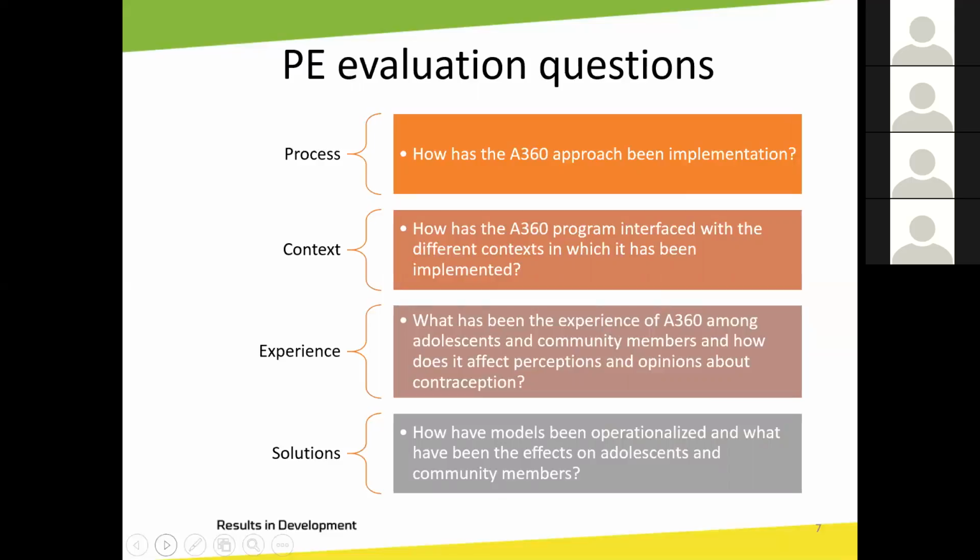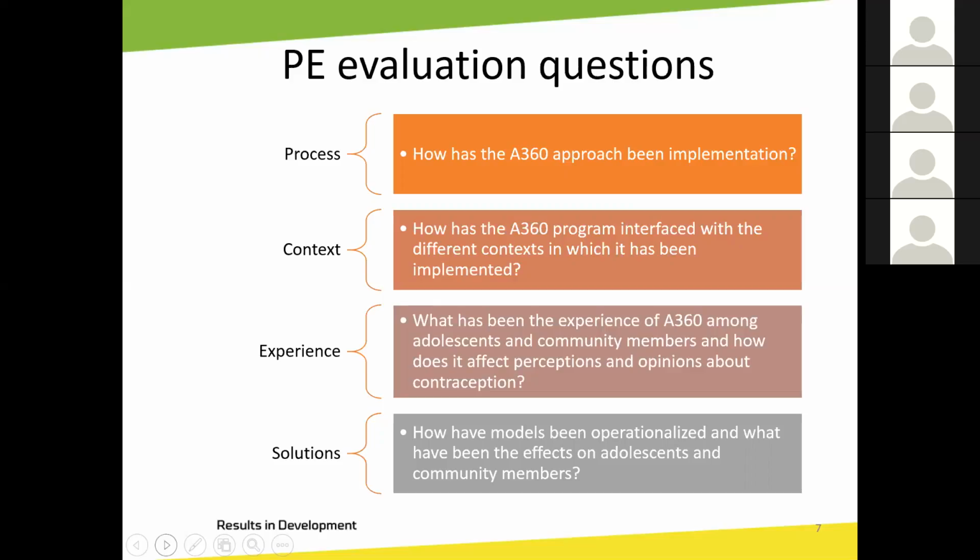Process is looking at how has the A360 approach been operationalized in practice. How has the A360 program interfaced with the different contexts in which it has been implemented? That's context. Experience, what has been the experience of A360 amongst adolescents and community members? And how does it affect perceptions and opinions about contraception?